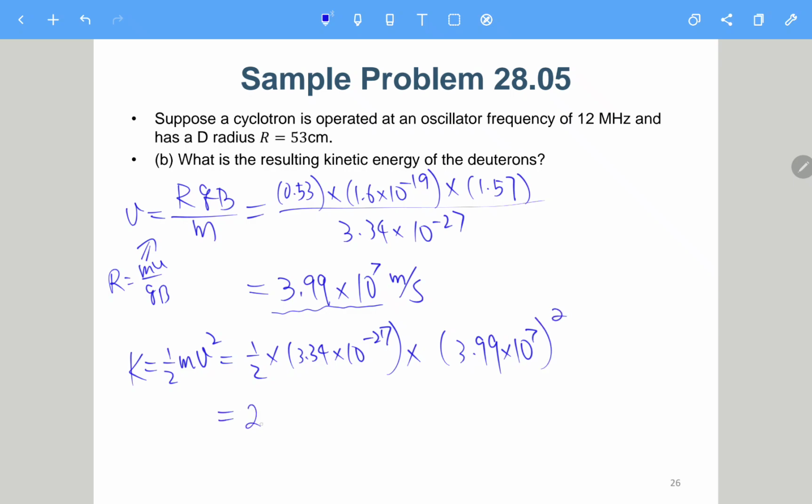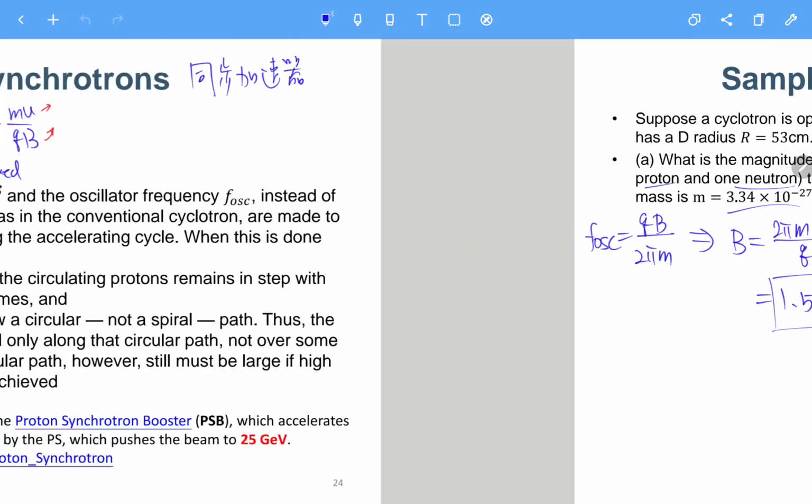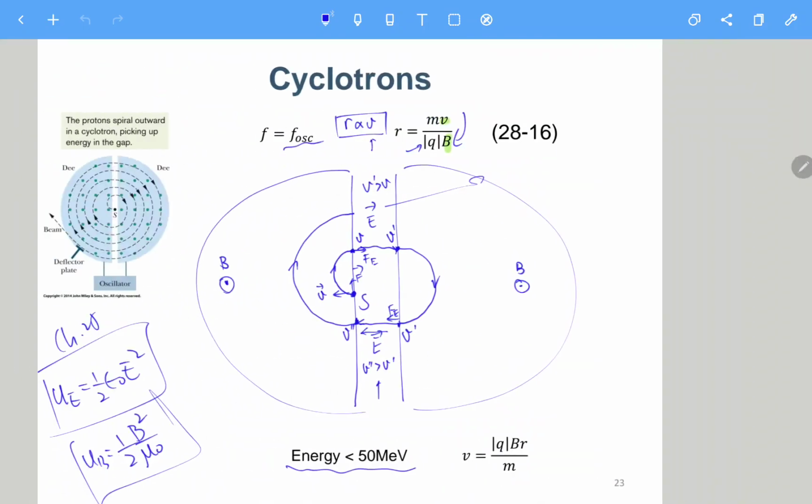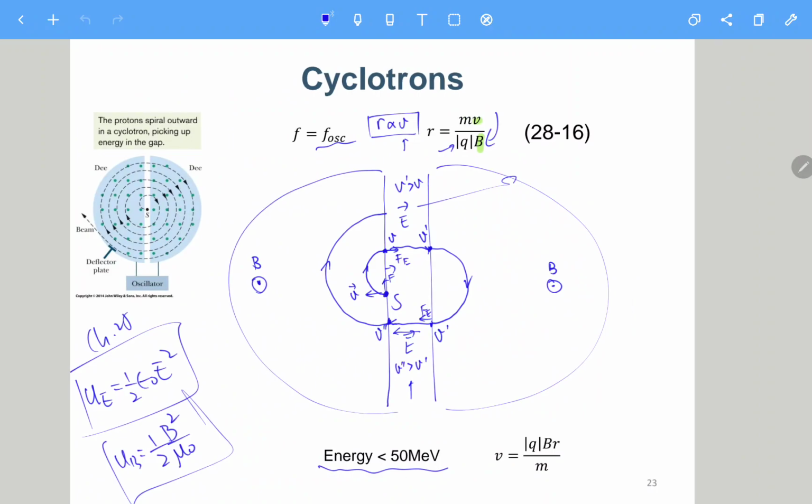So this is 2.7 times 10 to the negative 12 joules. If we convert it into eV, we divide this number by 1.6 times 10 to the minus 19. So this number becomes 17 MeV. Just as I mentioned here, it is smaller than 50 MeV.